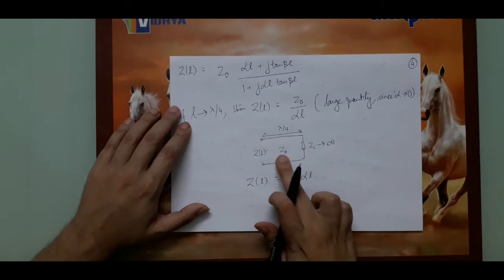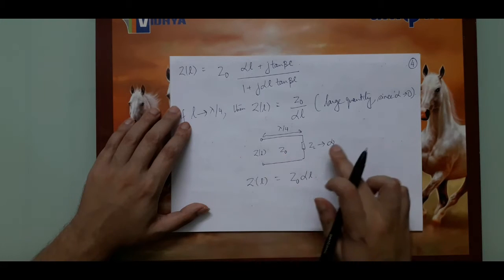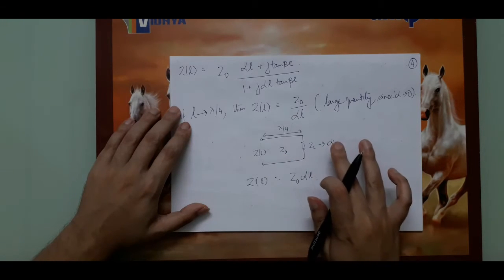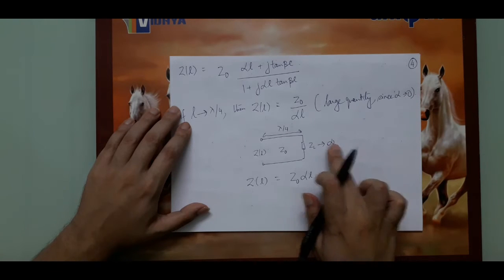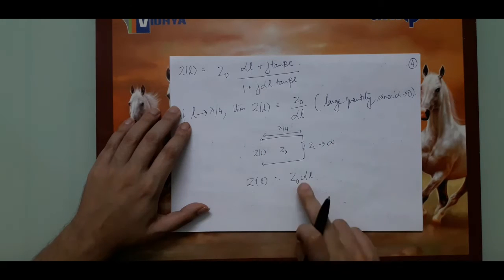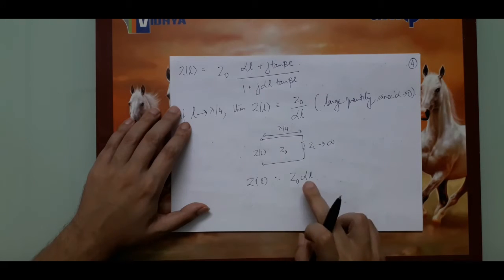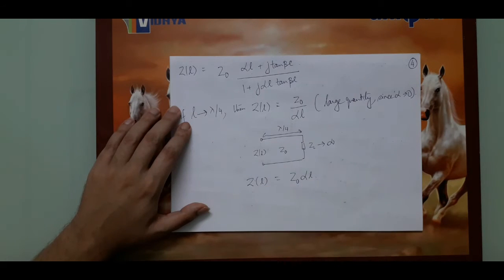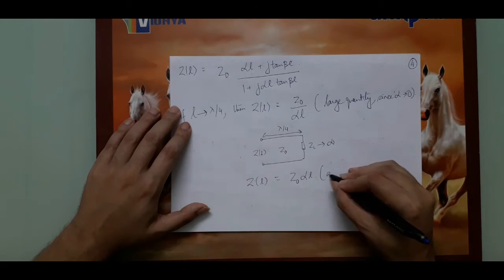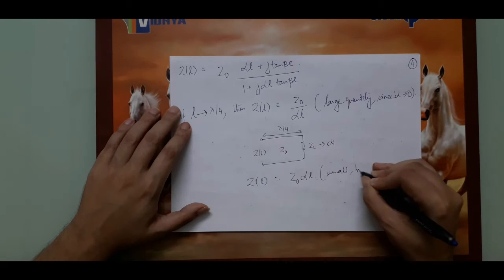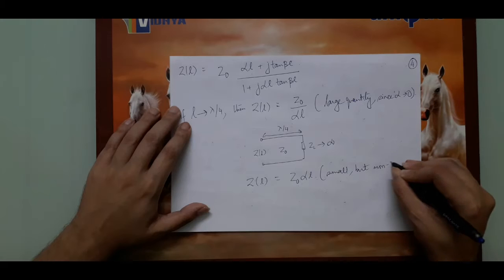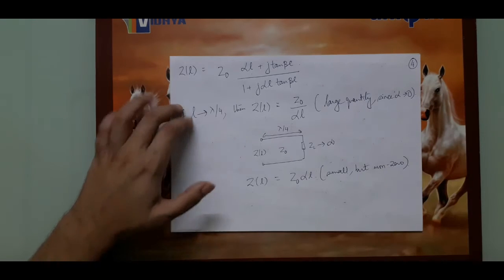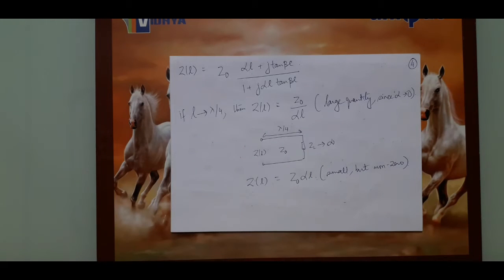So for an ideal lossless line, we would have had this open circuit load transform into short circuit. But here, due to the non-zero but small alpha, the Z of L becomes non-zero. It's small. So this is one analysis.